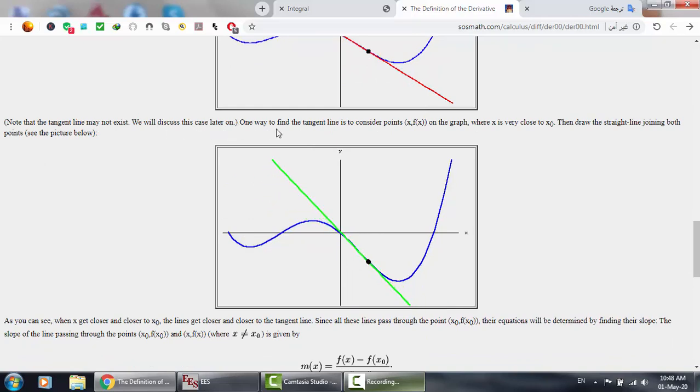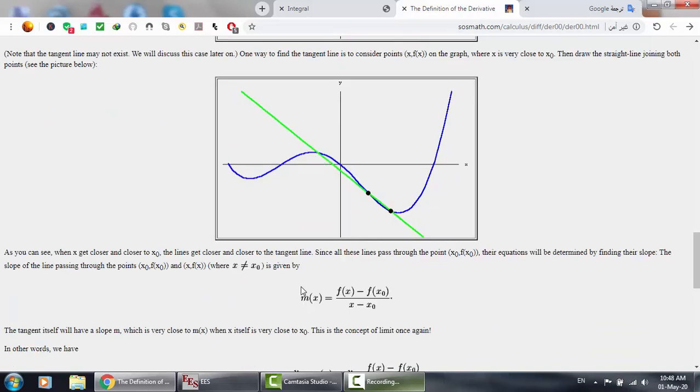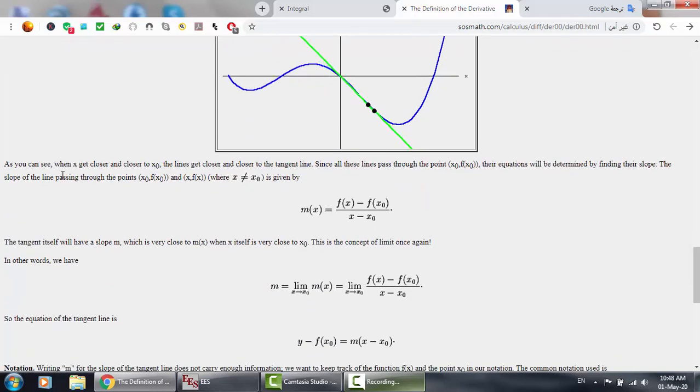One way to find the tangent line is to consider points, this for example, where x is very close to x naught, then draw the straight line joining both, like that. So remember when I say instantaneous or very close or time approaching 0, we're talking about the limit, okay?